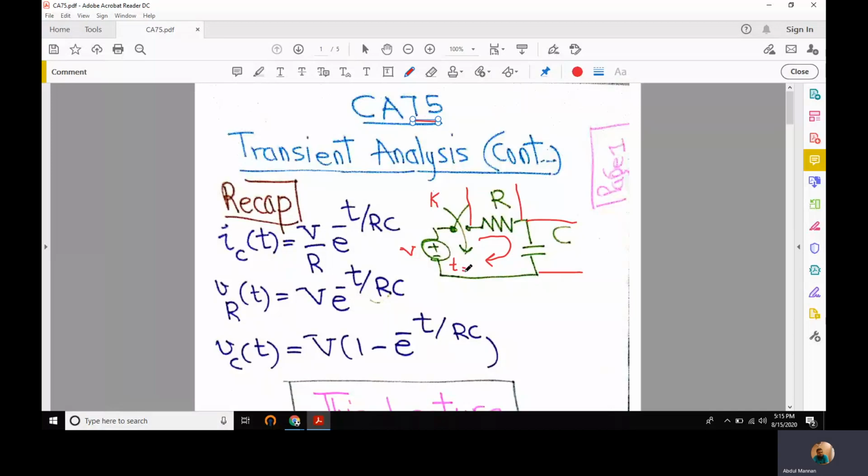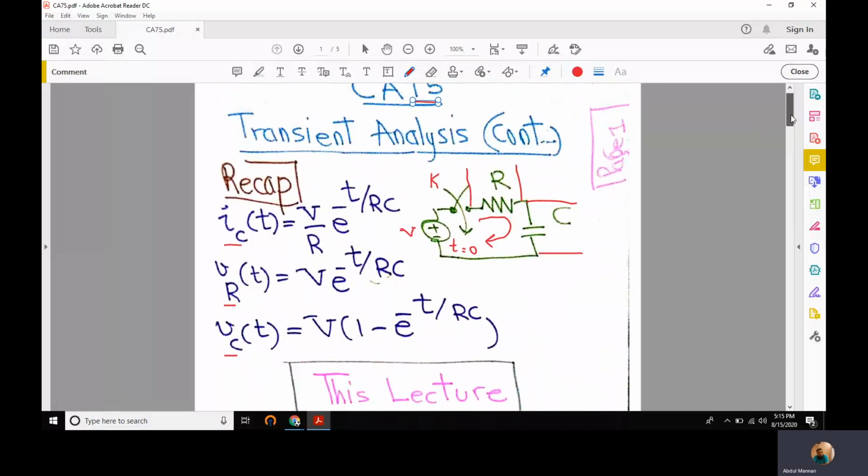We calculated expressions for the current in the circuit and the voltage drop across the two elements, resistor and capacitor, for all values of t using the differential equation approach.